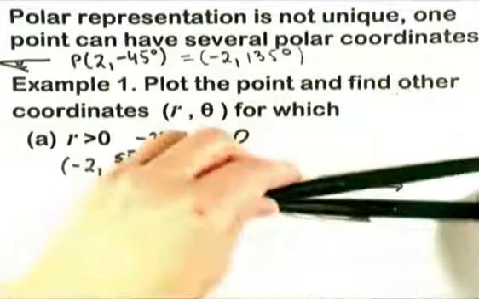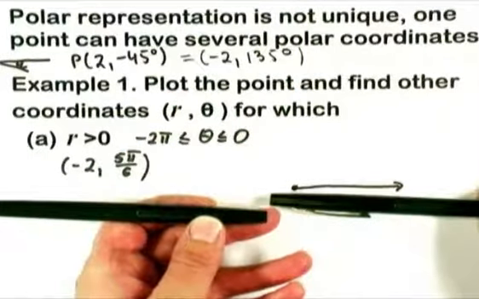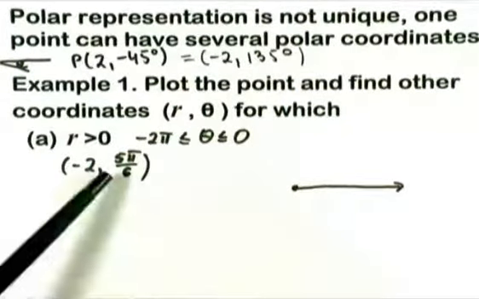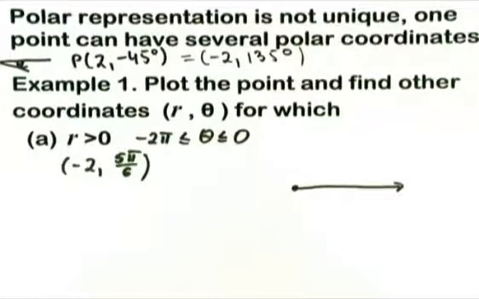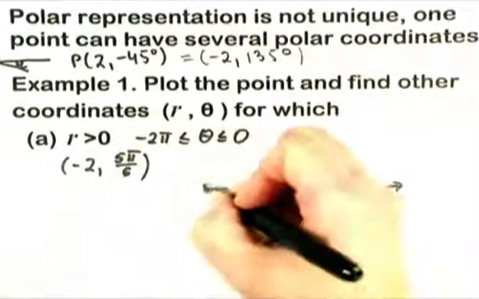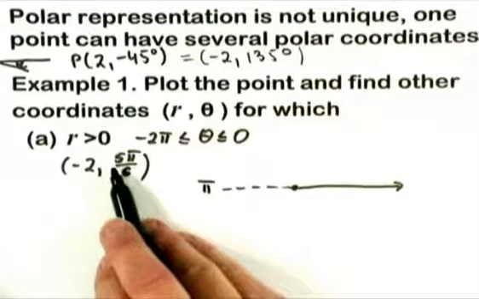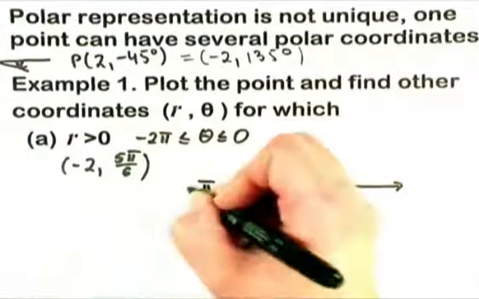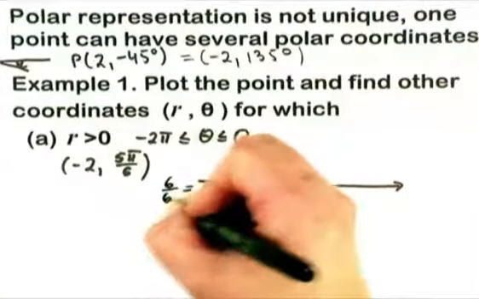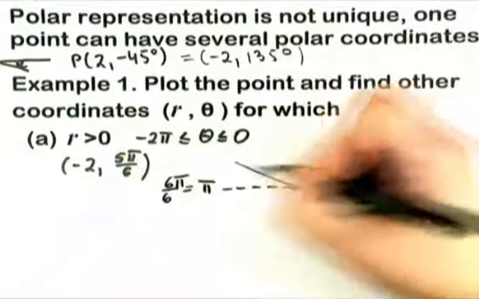As we were doing before, here is 90 degrees, here's 180. 180 is pi, and we are short of 1/6 pi to have 5 pi over 6. So here would be pi, but we have 5/6, so we are short of 1/6 to have 6 over 6, right? Because 6 over 6 pi is 1 pi. So 5 pi over 6 is right here.